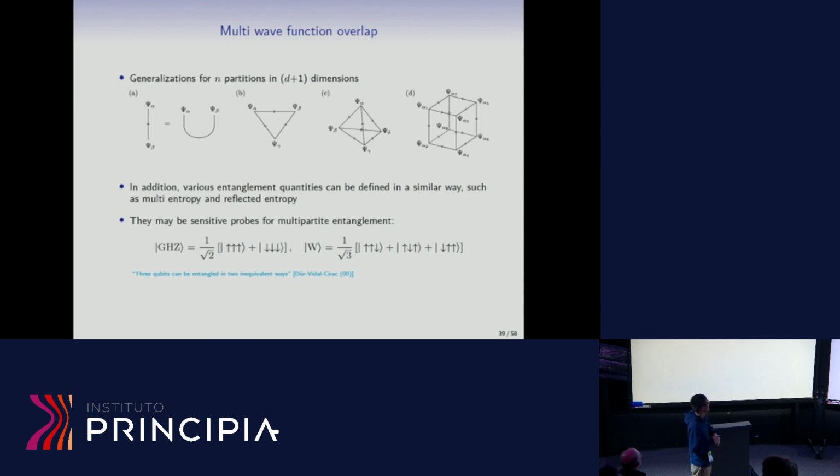And as it turns out, for this setting of 3 qubits, there are 2 classes of tripartite entanglement which are distinct. For example, this paper classifies all possible ways 3 qubits can entangle with each other, and these are 2 classes which are distinct from Bell pairs.